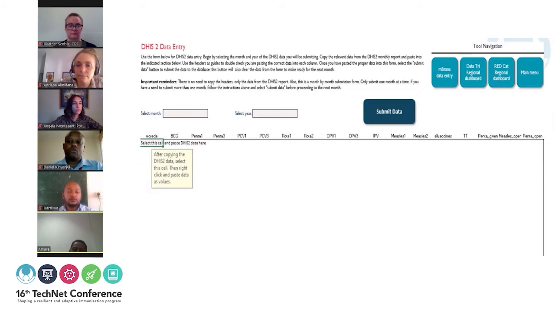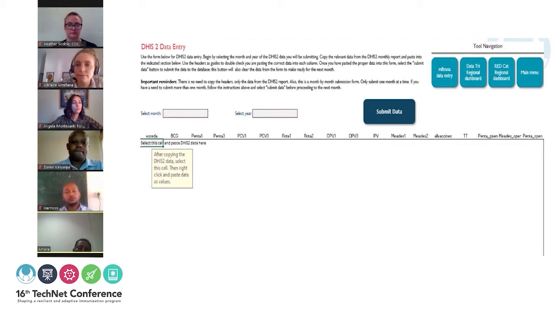And again, this is an example of a data entry tab, DHIS2 data entry. The working team copies the monthly immunization data from the standard DHIS report and pastes it here, selects the month and year, and then submits.